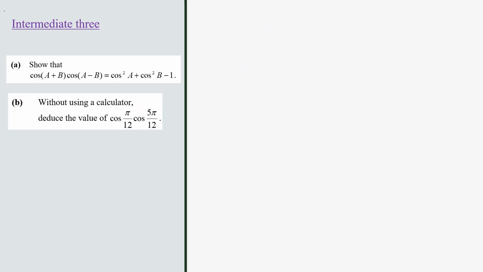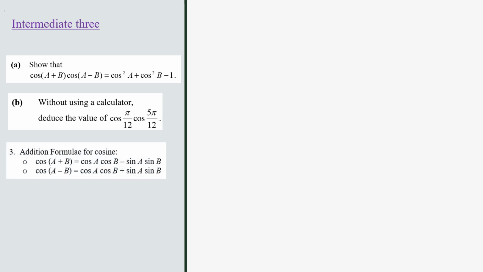All right, so sometimes the questions may involve the addition formulae for cosine. Okay, so in this case here, you must be able to apply the formula correctly. Okay, so cosine bracket A plus B multiplied with cosine bracket A minus B. So let's use the formula correctly first.